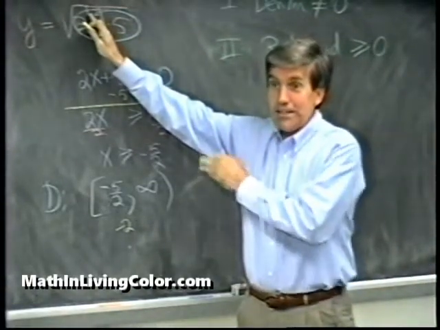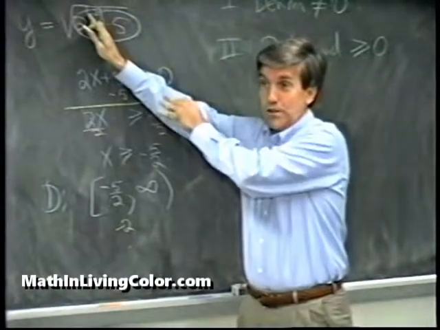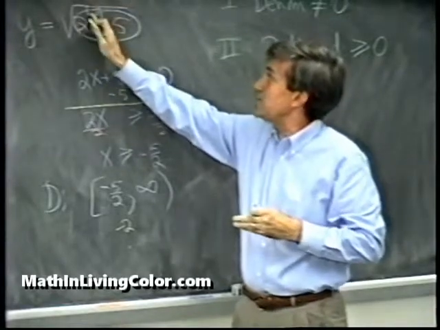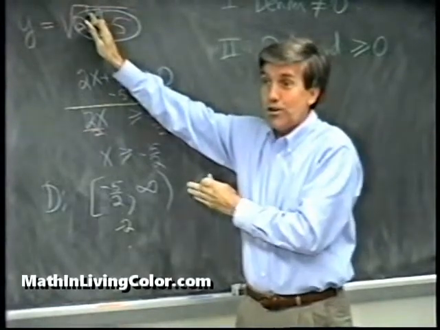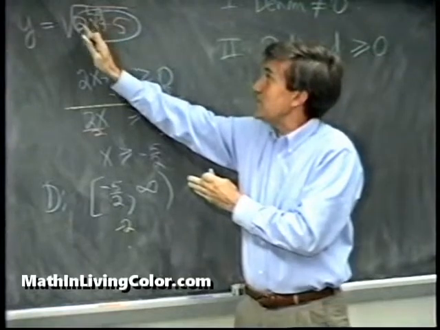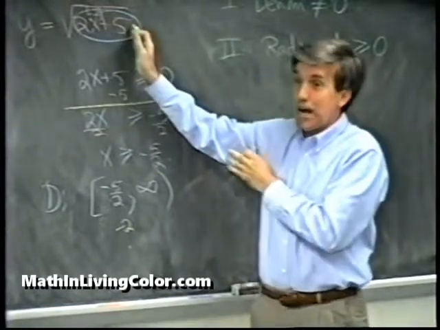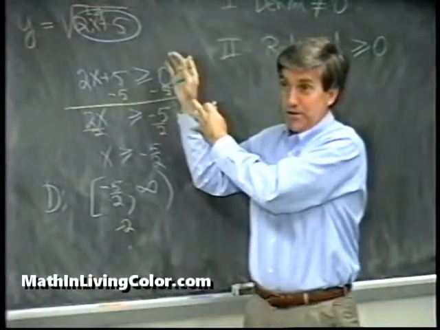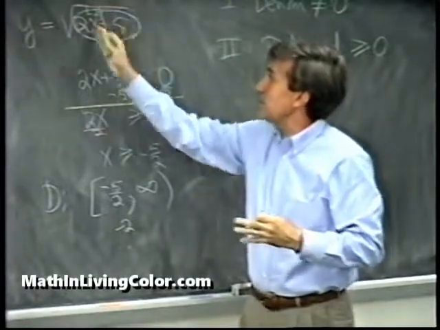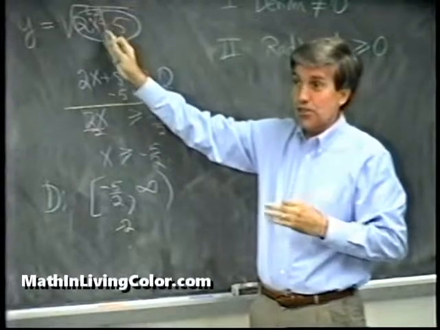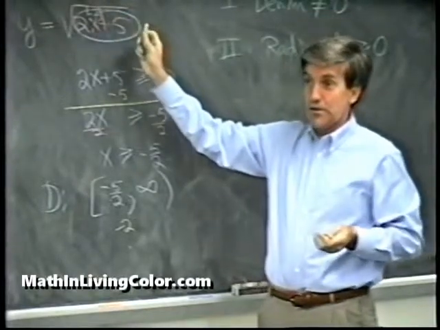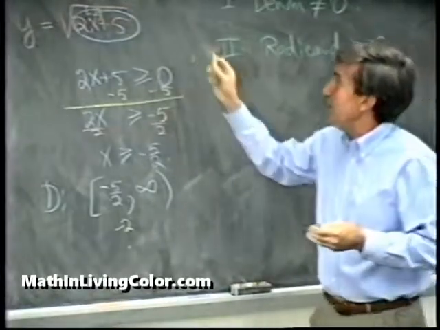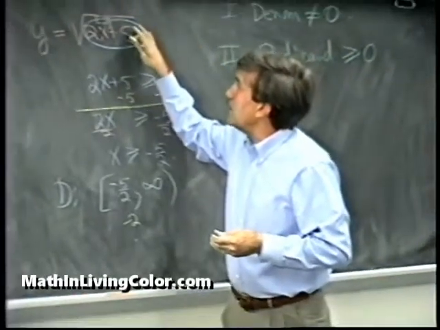Now, we're not allowed to have a negative in the radical, are we? Is that saying there's a negative in the radical? The fact that I said 2 times negative 2 is negative 4? Because you see, it's negative 4 plus 5, so the radicand is actually 1. So what's in the radical is really positive 1. So the square root of 1 would be 1. So that's permissible.